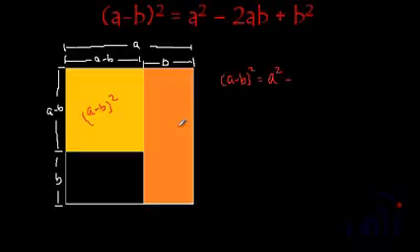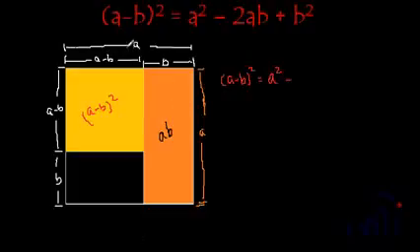This is a rectangle whose width is b and its length is equal to a, isn't it? So what will be its area? Its area will be a multiplied by b, right? The area of the rectangle is length by breadth. So the area of this orange rectangle will be a multiplied by b, right?